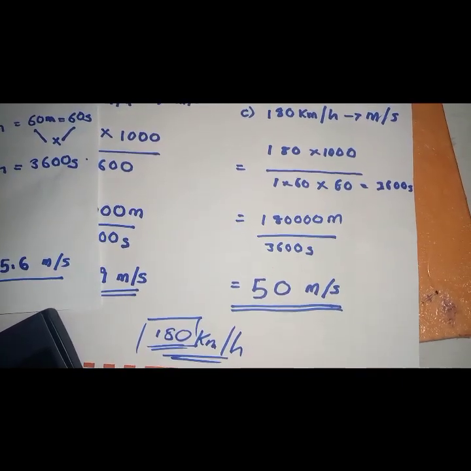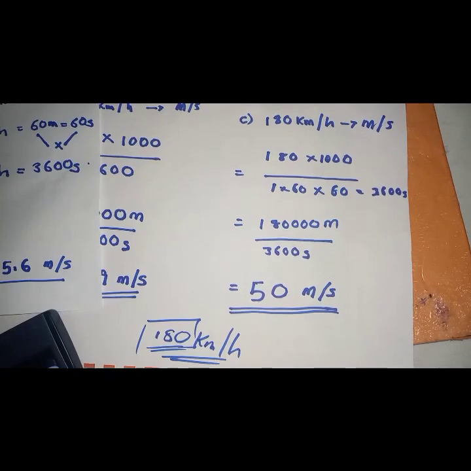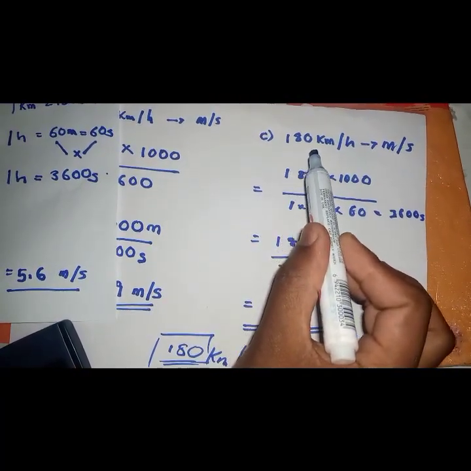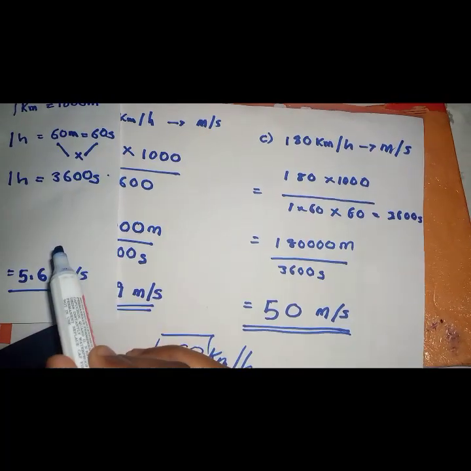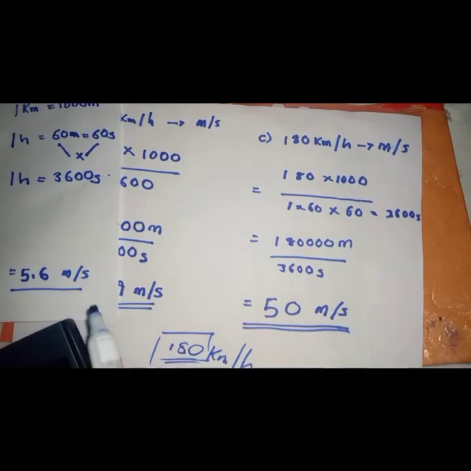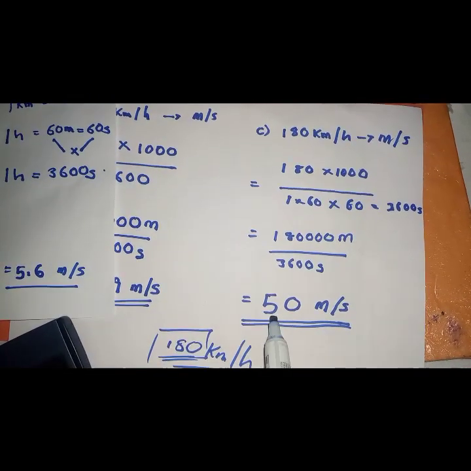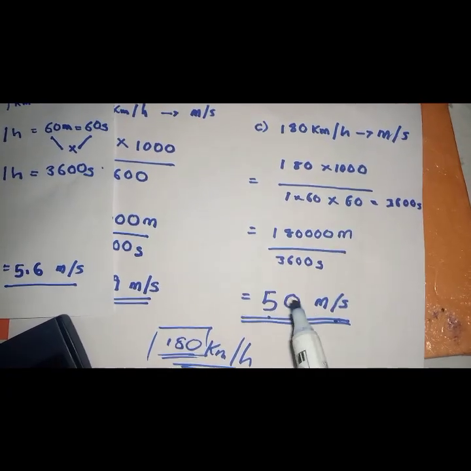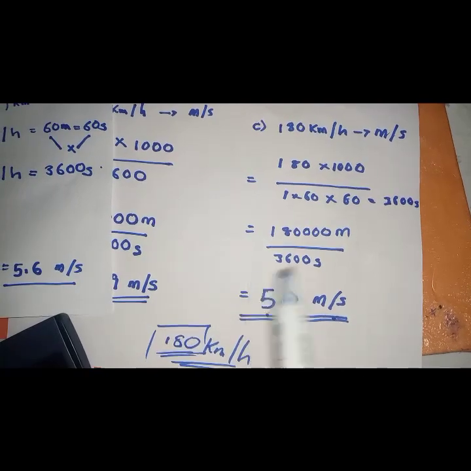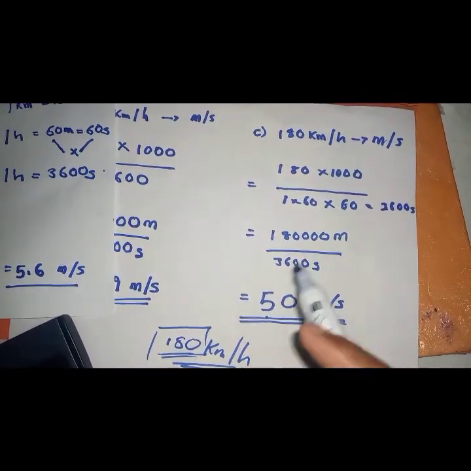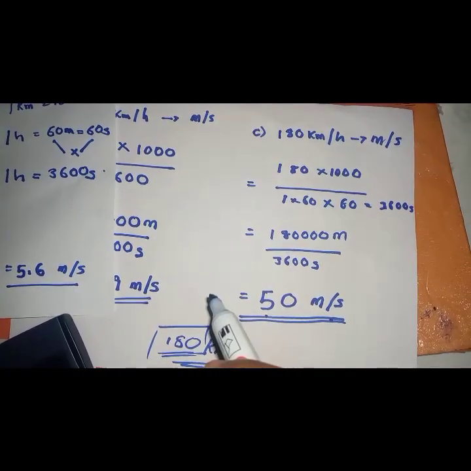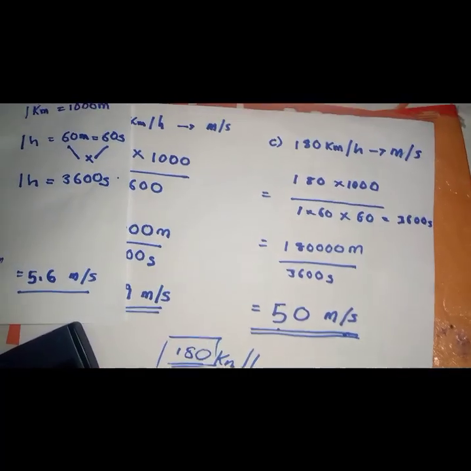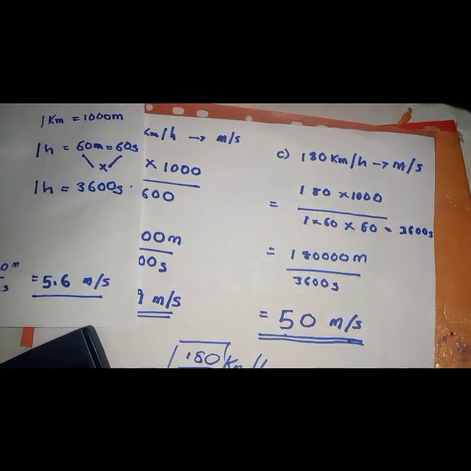So if there's a driver that is driving at 180 kilometers per hour, it means that car is actually covering 50 meters in 1 second. So by the time you blink and open your eyes, a distance of 50 meters will be covered by the car. Wow. This must be fast and furious. So this is how to convert.